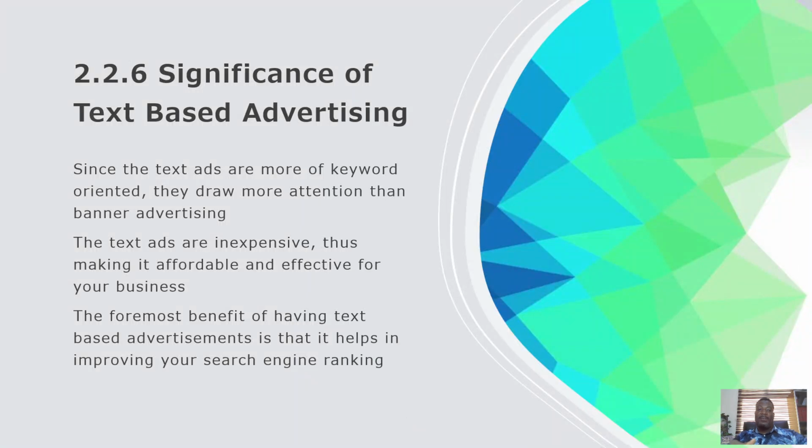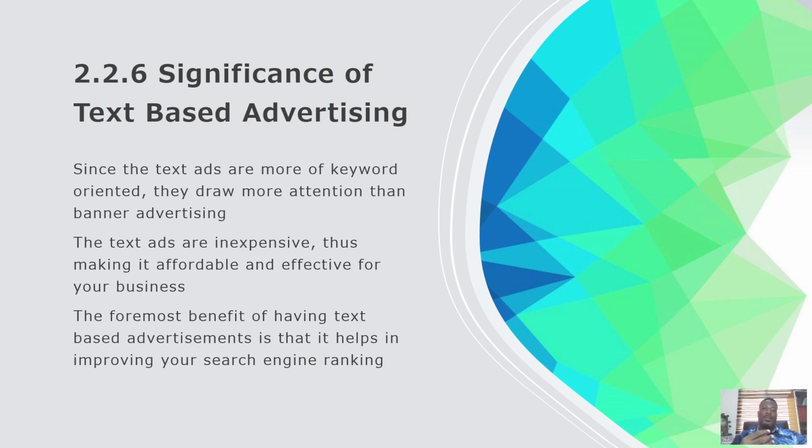Now, what is the significance of text-based advertisements? These are some of the things. We should be mindful that since text ads are more keyword oriented, there are certain keywords that you have to hit to be able to sell or catch people's attention when you're selling a flyer or an advert that is going to be put on billboards and stuff.